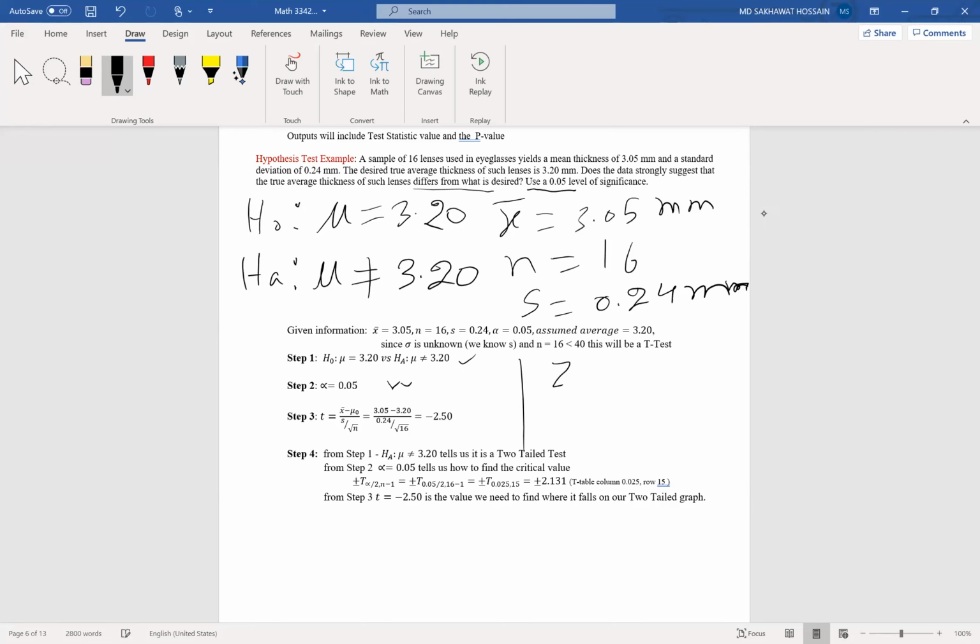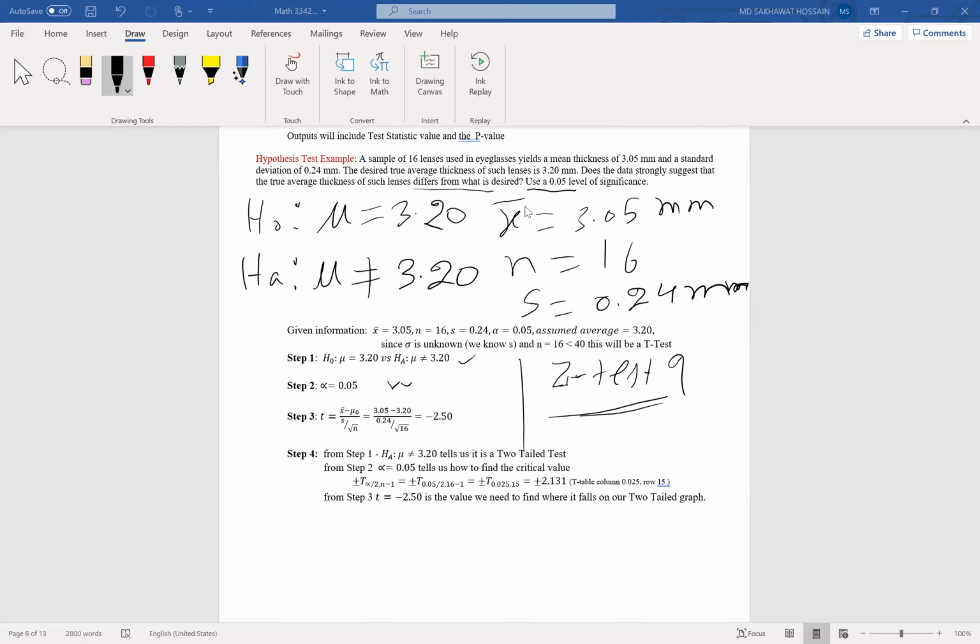Can we use a z-test? Is a z-test appropriate in this case? Anyone? No, because sigma is unknown and the sample size is small.